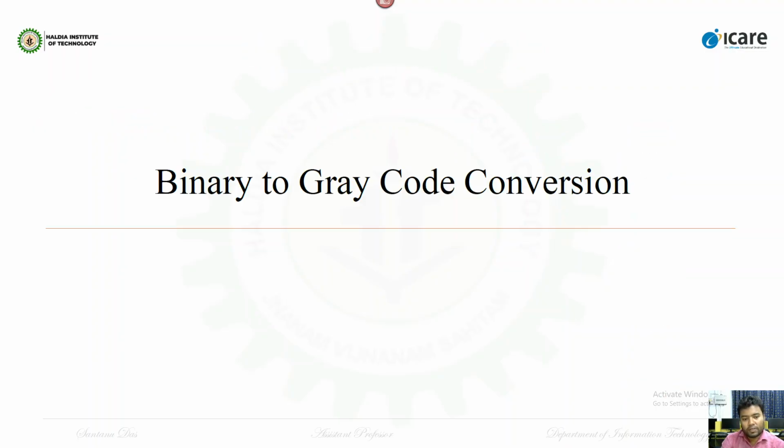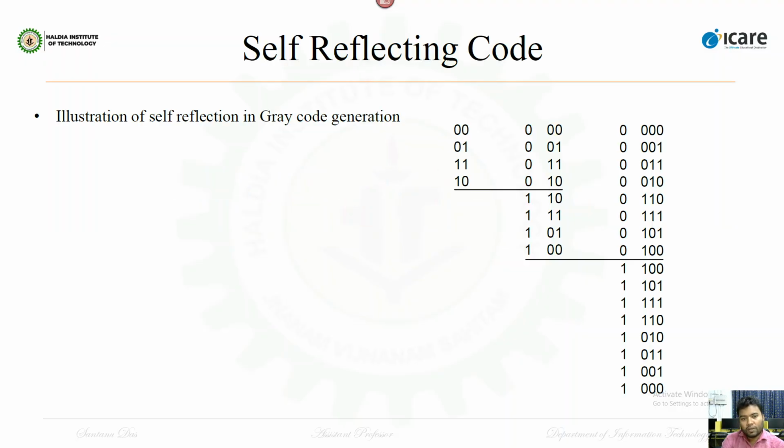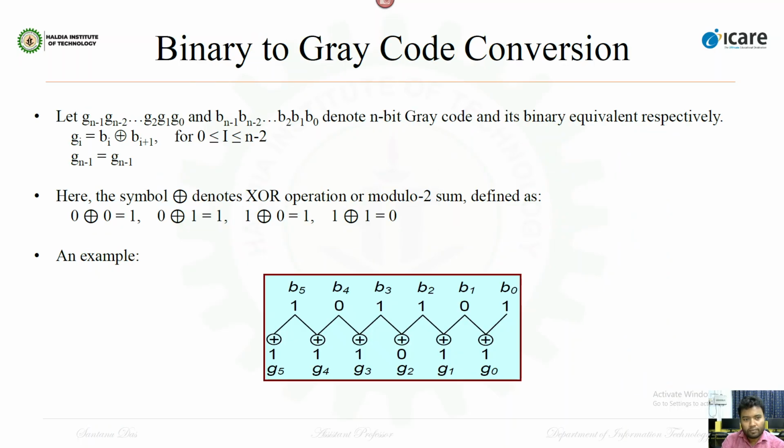Now we are going to discuss the conversion from binary to gray code. Let's say we have a binary code with bits b(n-1) to b0 and a gray code g(n-1) to g0, which denotes the n-bit gray code and its binary equivalent.